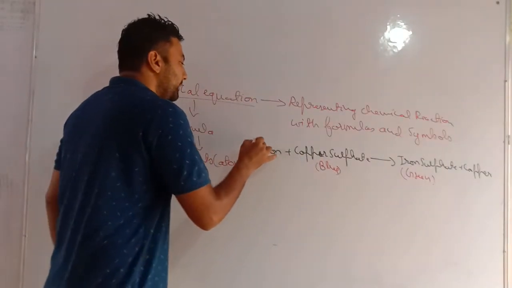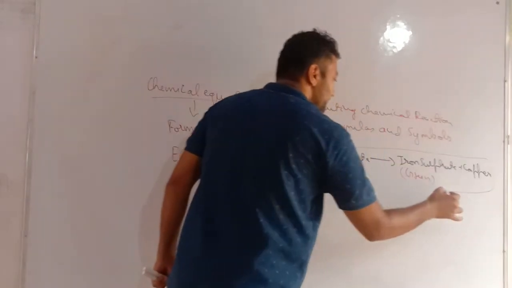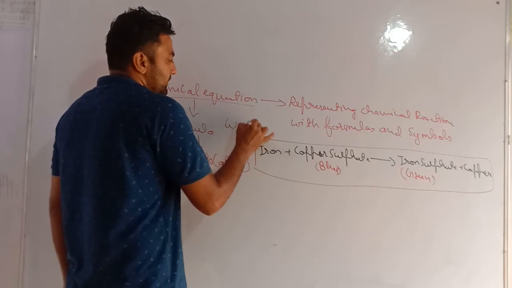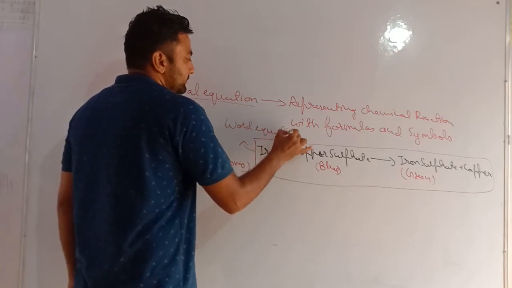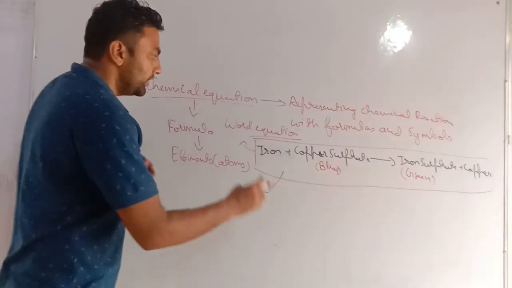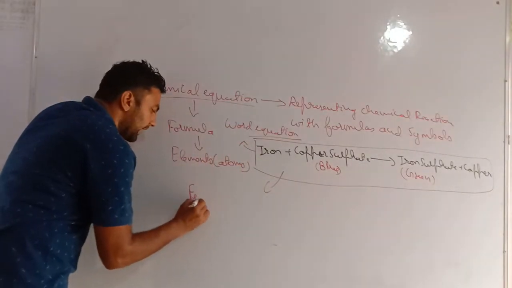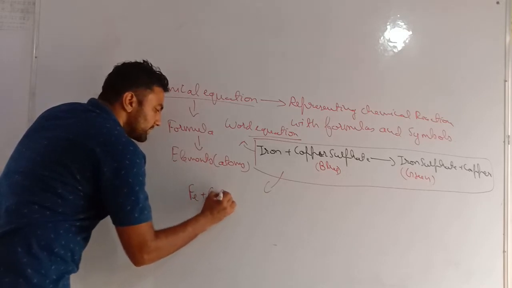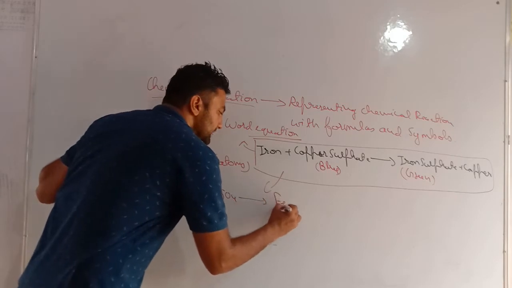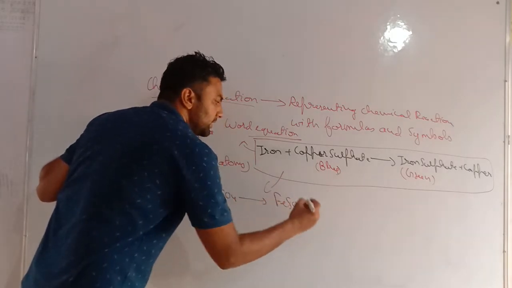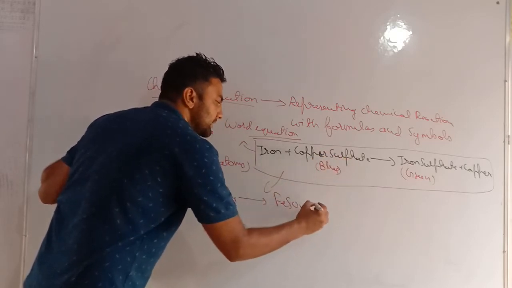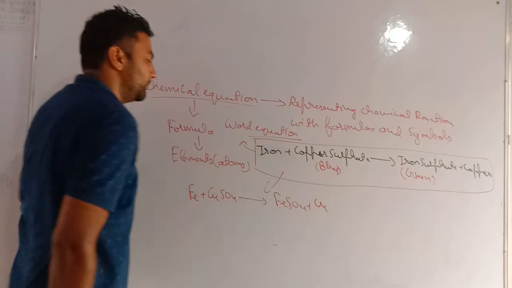This is a chemical reaction and I have presented it in words. So this is also known as a word equation. But when I represent all these reactants and products with formulas, that is Fe for iron plus copper sulfate, that is CuSO4, after reaction it gives me iron sulfate, that is FeSO4, plus as a byproduct a reddish brown color on the iron nails, that is copper, Cu.